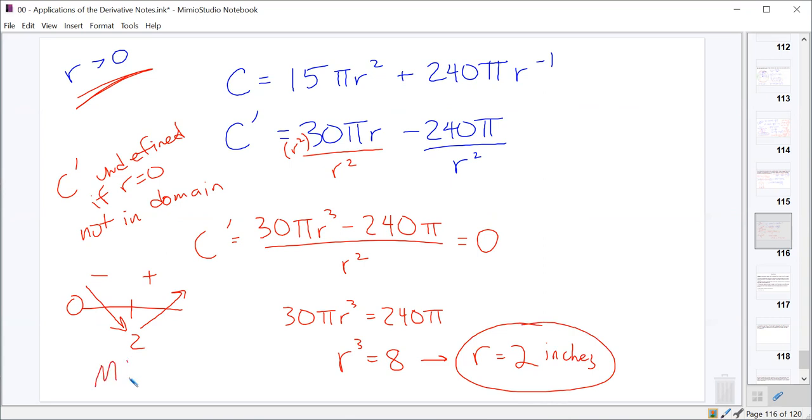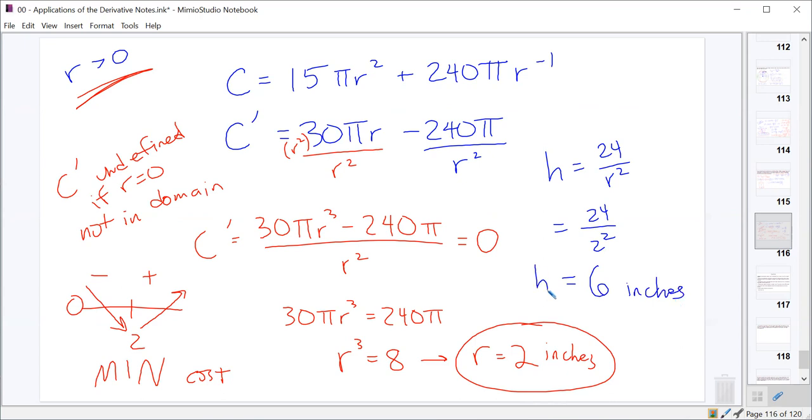I'll note this over here was a minimum cost. Well, that would be 24 over 2 squared. 2 squared is 4. 24 over 4 is 6 inches. So a height of 6 inches with a radius of 2 inches ought to give us the minimum cost for this cylinder.